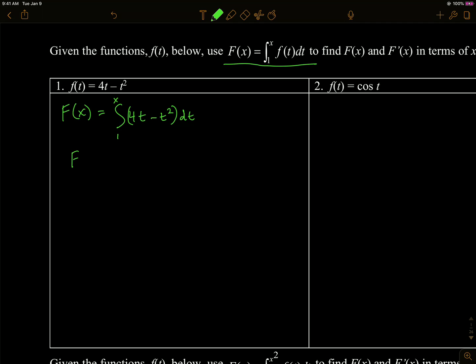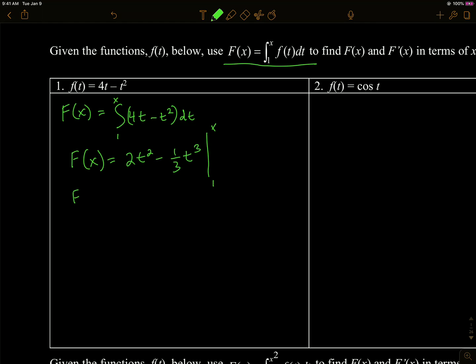If we compute the integral using the fundamental theorem of calculus, first I have to integrate this. It's going to be power rule: 2t squared minus one third t to the third. Then we evaluate it from 1 to x.